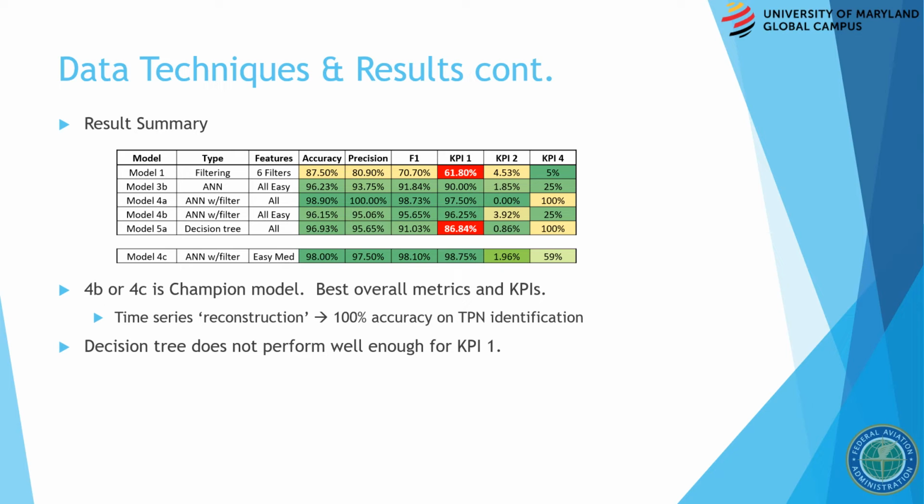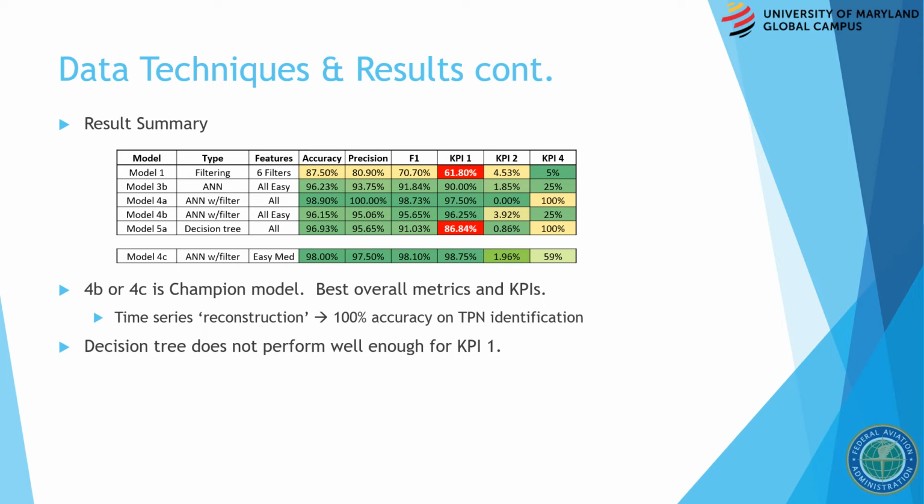So if they all overlap but only one of them is wrong, then 5 out of 6 still predict the correct amount. So what I found is as long as the overall KPI1 value is above about 94%, it leads to about 100% accuracy on correctly finding the traffic patterns in the data. So that's what that little bullet there means.